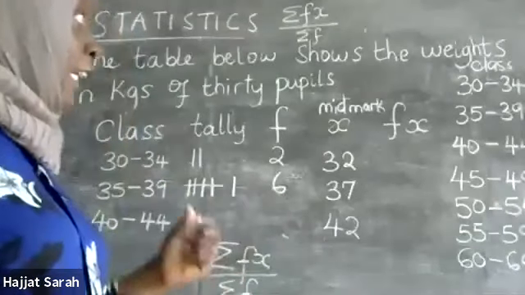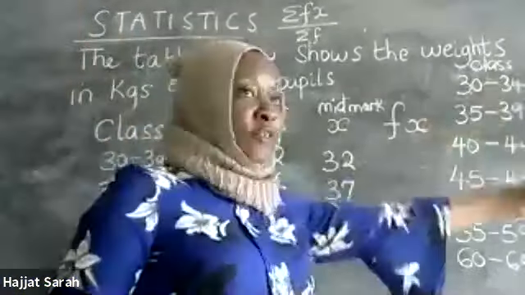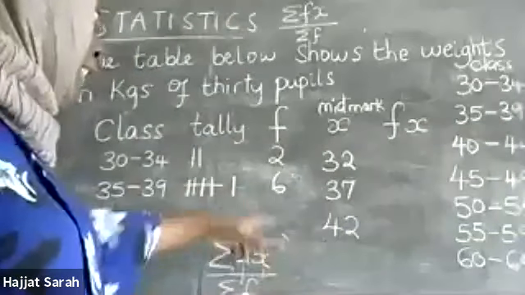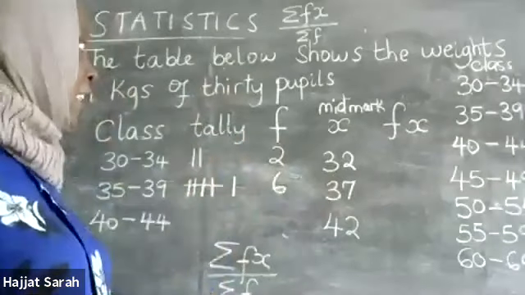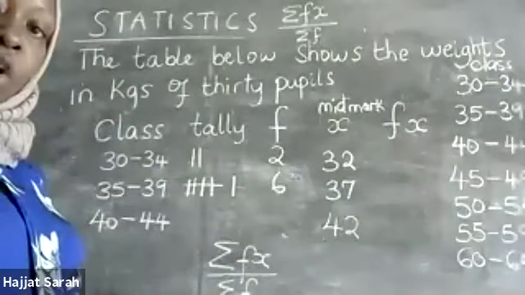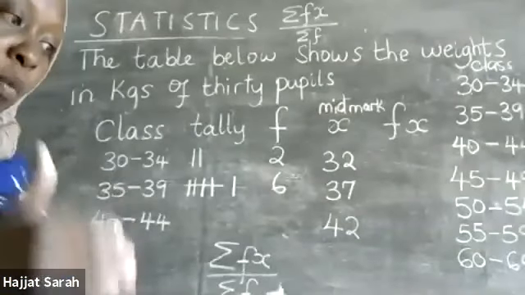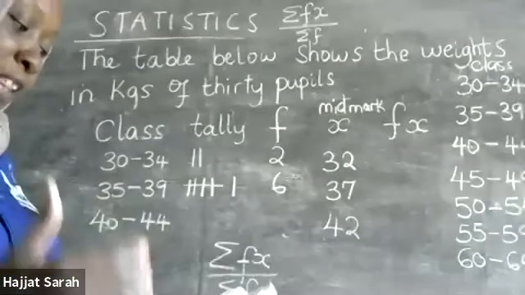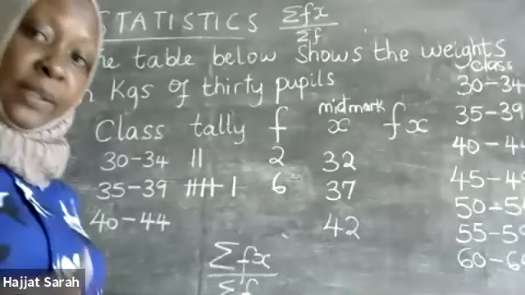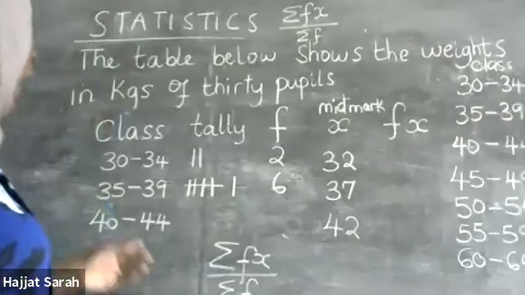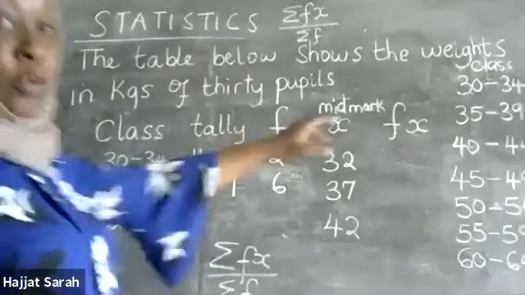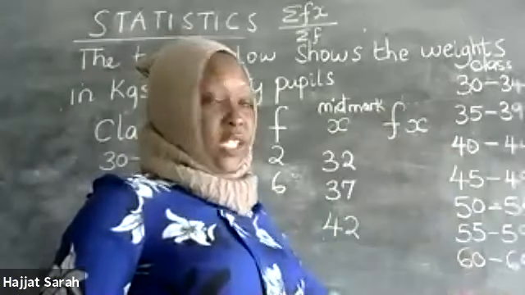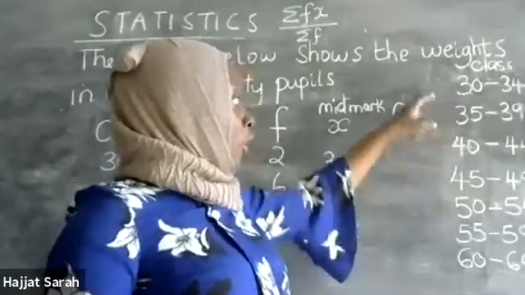So they say start with 30 to 34 because the smallest digit is what? I think it was 32. So when I want to find out how many figures are between 30 and 34, go to the table, okay? Our class started from 30 to 34 up to 60 to 64.